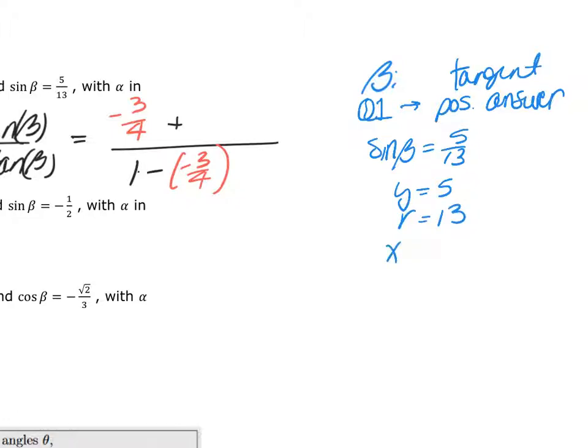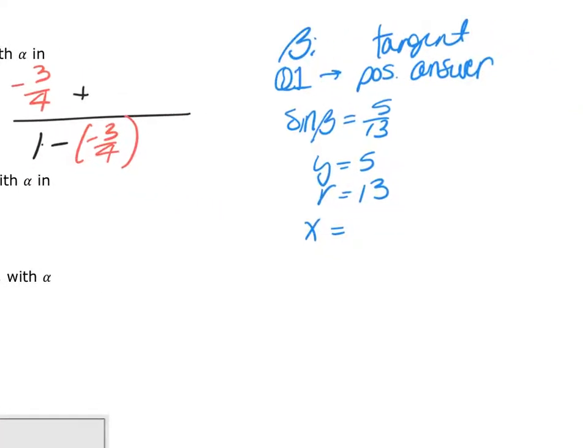I am chasing x. Should be plus and minus, but I'm in quadrant 1, so which one do I take? The plus. So it's going to be the square root of 13 squared minus 5 squared, and this is a 12. It's a 5, 12, 13 triangle.